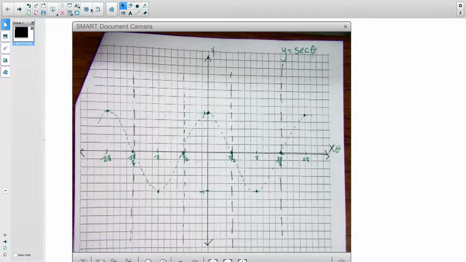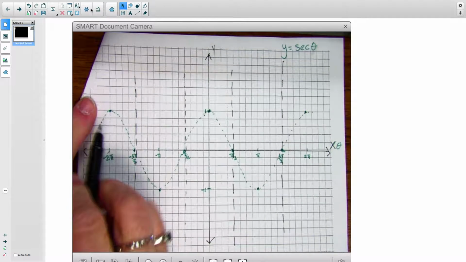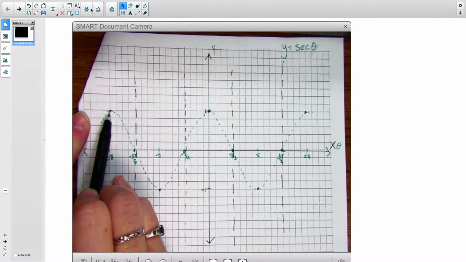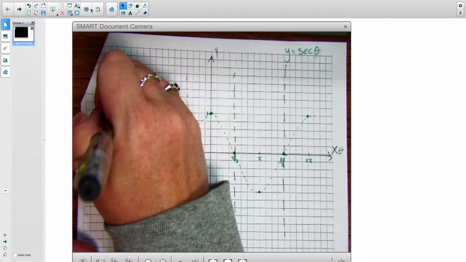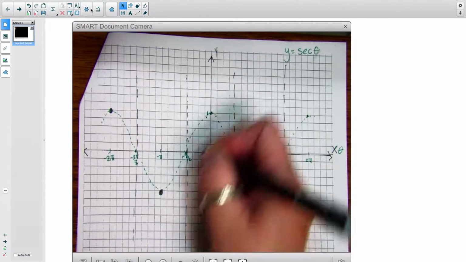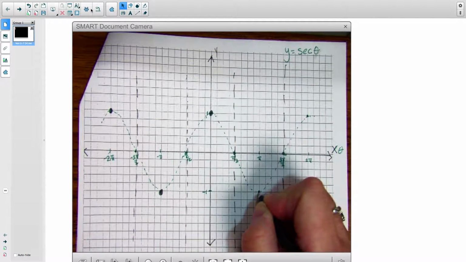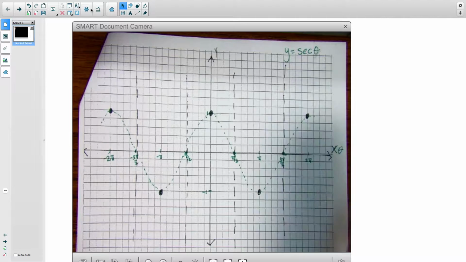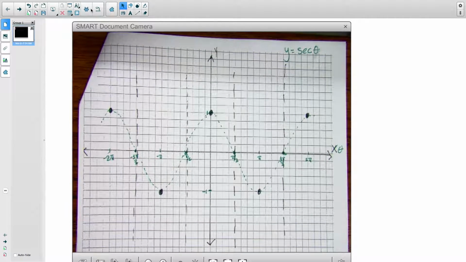All right, now, up here at 1, what's the reciprocal of 1? 1. What's the reciprocal of negative 1? Negative 1. So these maximum and minimum points of our cosine function don't change.